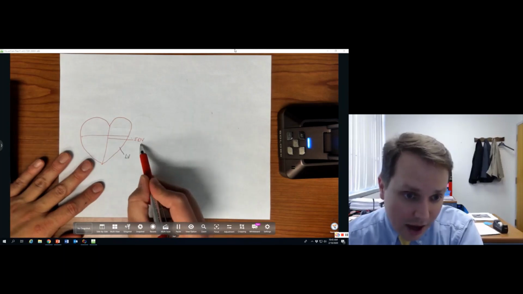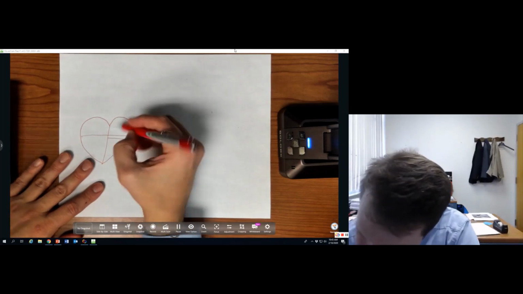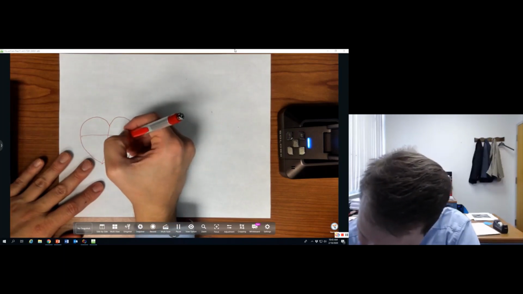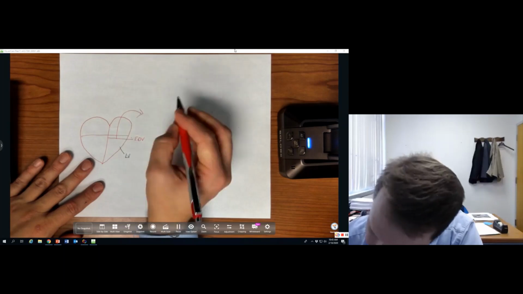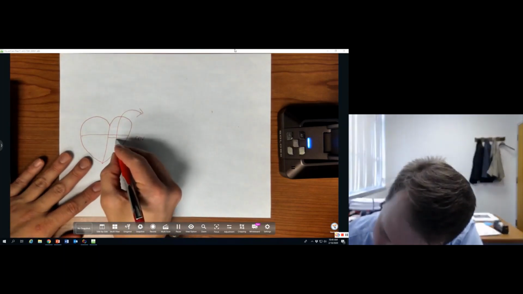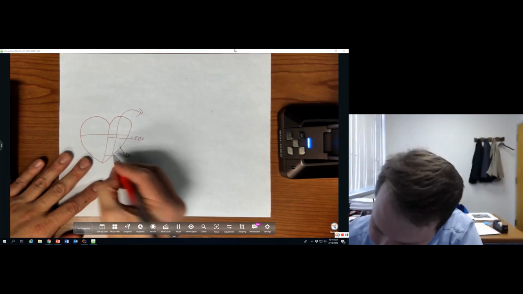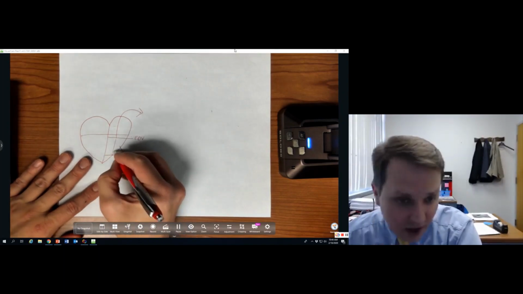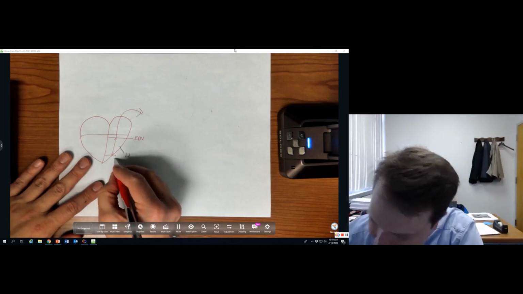Now, during ventricular systole, this blood will leave and go out the heart, and there will be a volume of blood left at the end of ventricular systole, called the end systolic volume.